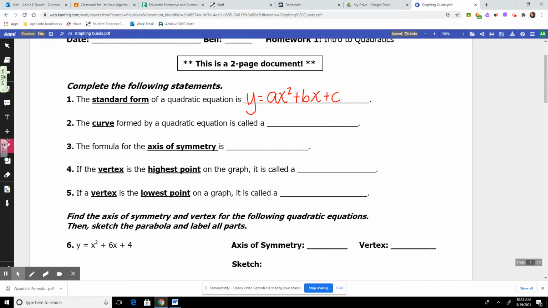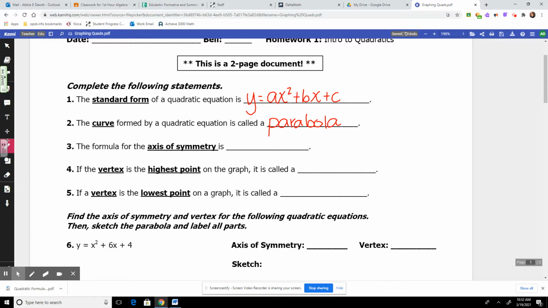The curve formed by a quadratic equation, and you'll see what this means, because all quadratics look essentially the same, is called a parabola when you graph it. Parabola.